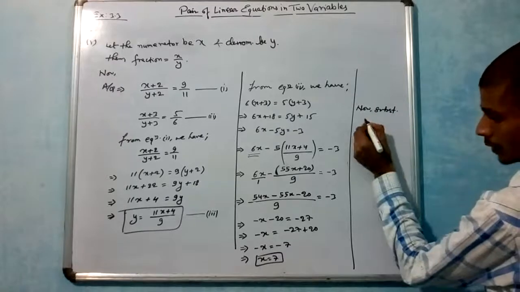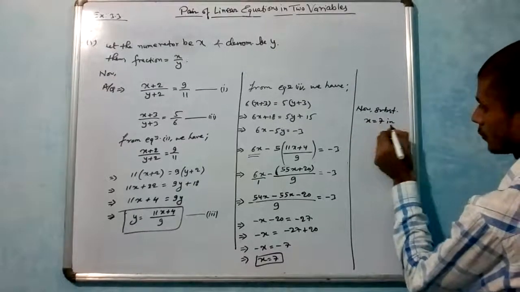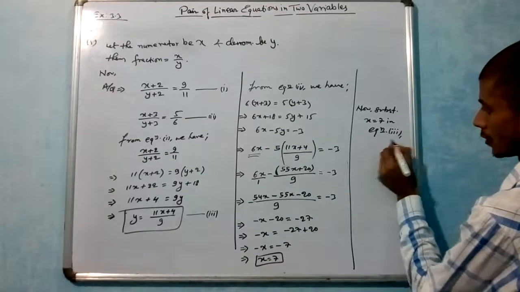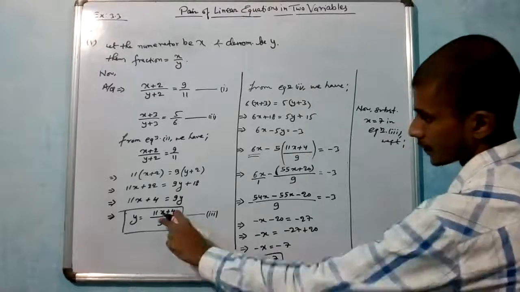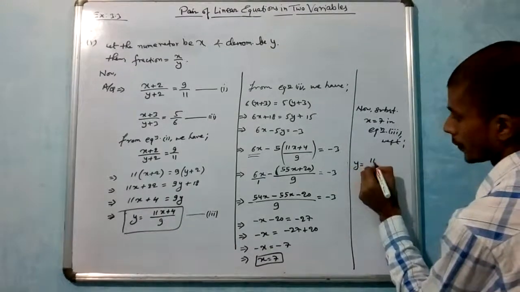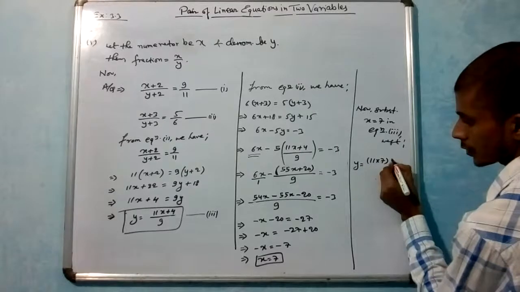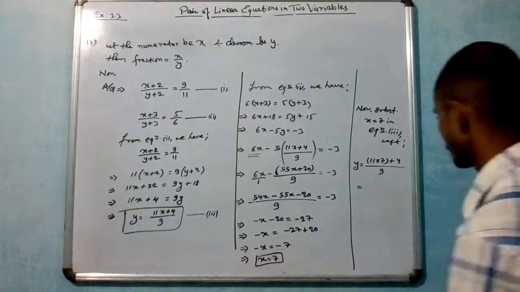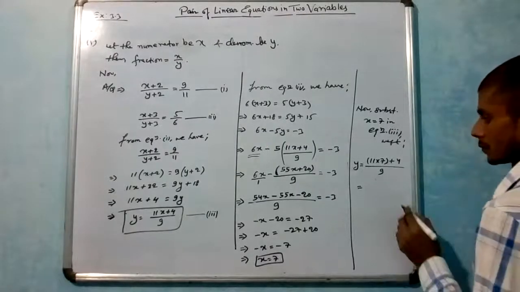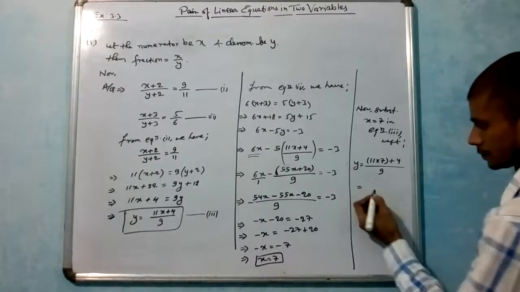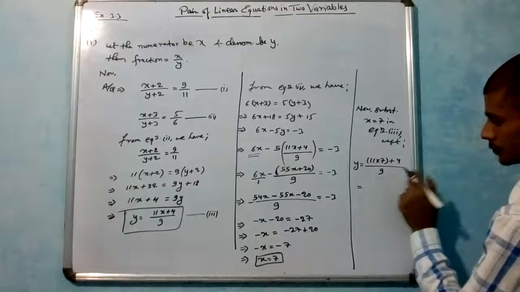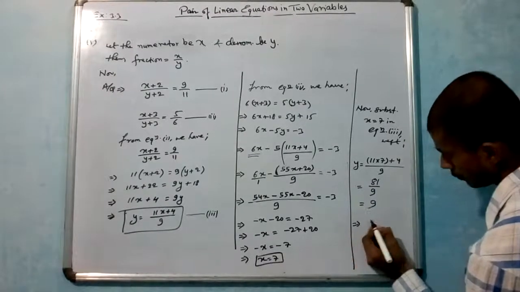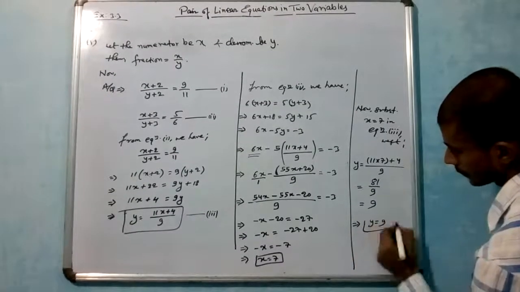Substituting x is equal to 7 in equation 3, we get, tell me, y is equal to 11 into 7 plus 4 by 9. 77 plus 4, how much? So y is equal to 9.